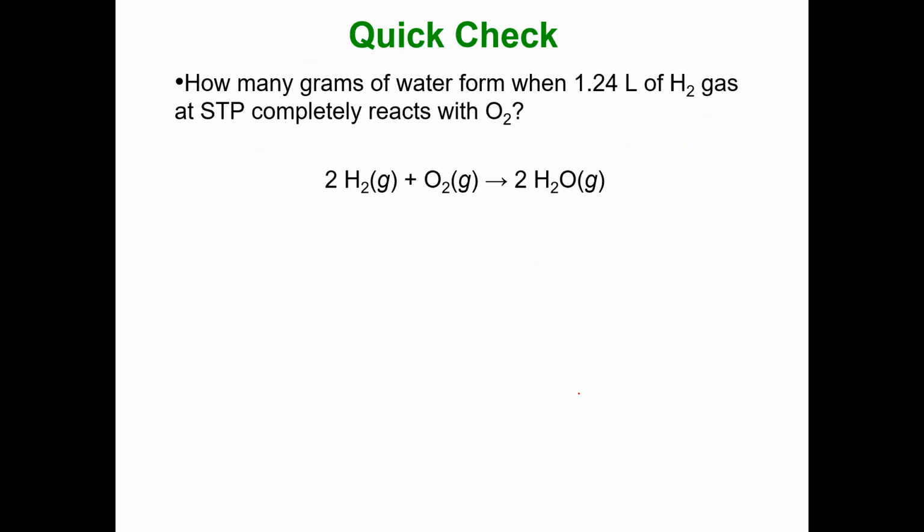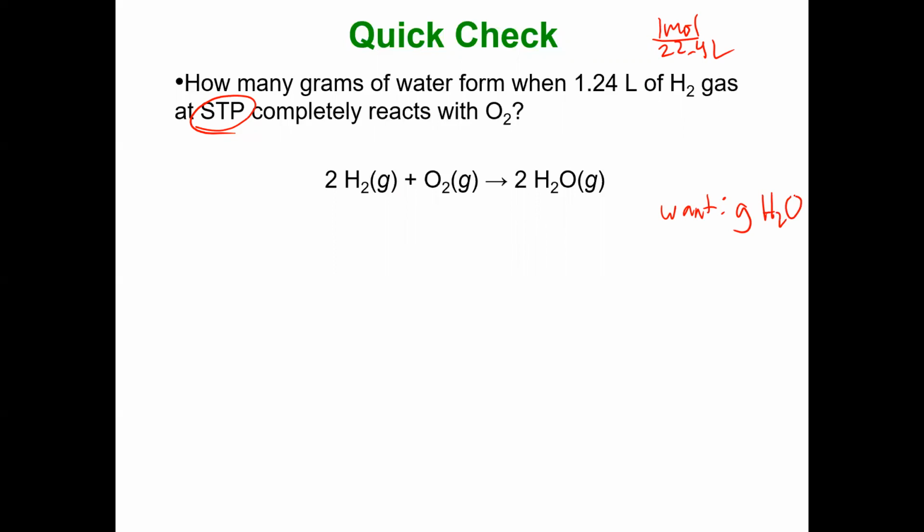Can we go the other way? Can you be given liters of a gas and then figure out grams of something else? If it's at STP, I'm writing 1 mole, doesn't matter the gas, 22.4 liters. So I want grams of water.